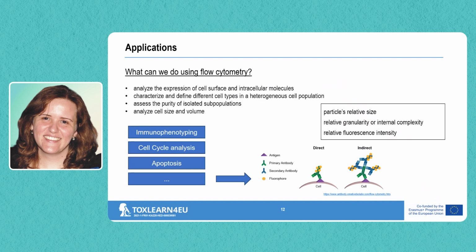This has some implications in terms of sensitivity of the assay. Sometimes if we want to increase the sensitivity, we will use the indirect antibodies. But for sure, using direct will be much quicker and much simpler.